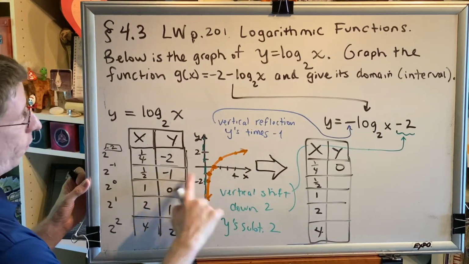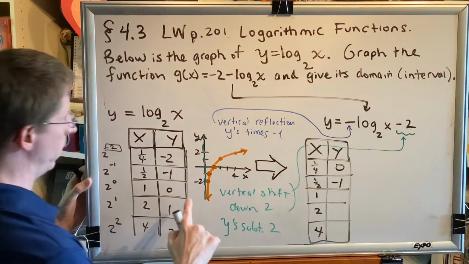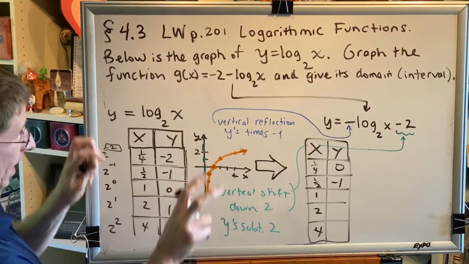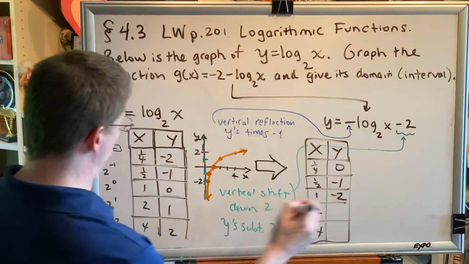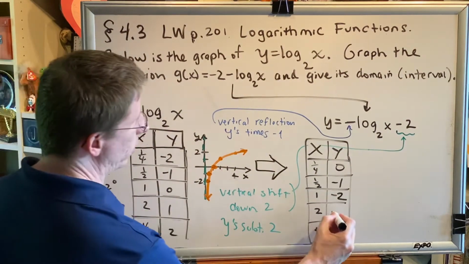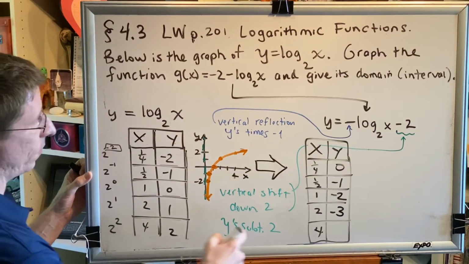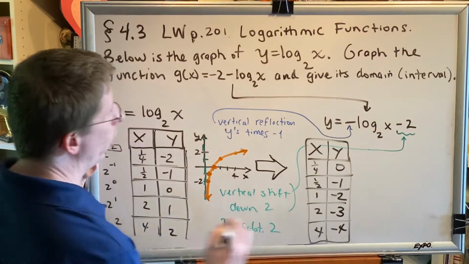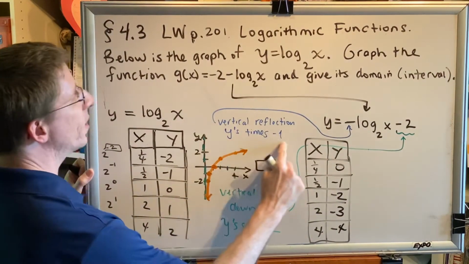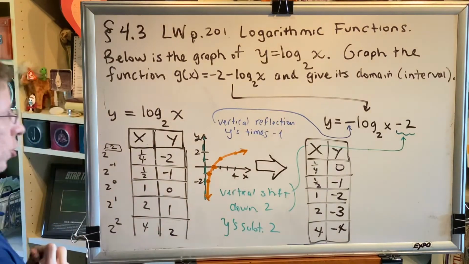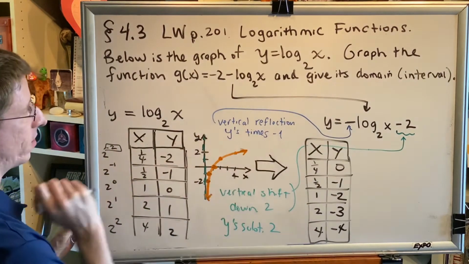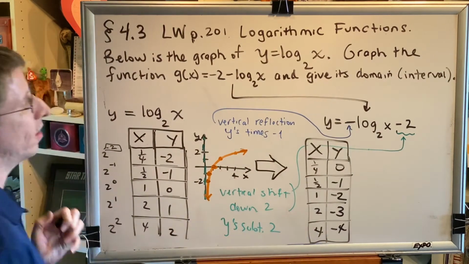This would be a positive 1 minus 2, which is -1. This would be a -0, right, which is still just 0. Subtract 2, which is -2. This is -1 subtract 2, which is -3. And -2 subtract 2, which is -4. Remember, we're multiplying all of the y's by -1 first, then subtracting 2. So 2 times -1 is -2. Subtract 2 makes it -4.